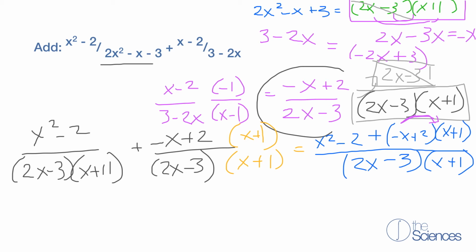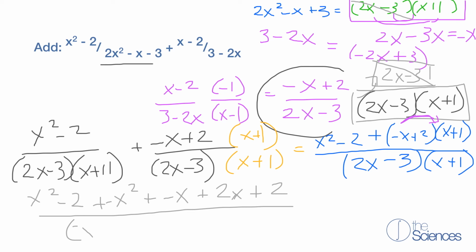We're going to FOIL. So what we get is x squared minus 2 plus -x times x is -x squared, plus -x times 1 is -x, plus 2 times x is 2x, plus 2 times 1 is 2, over our least common denominator of 2x minus 3 times x plus 1.